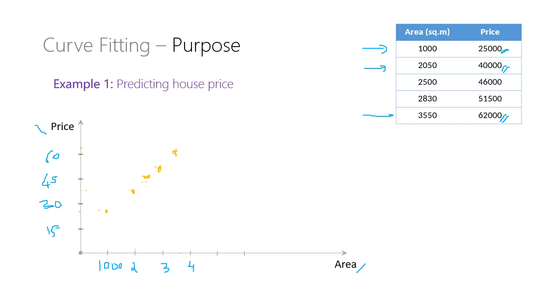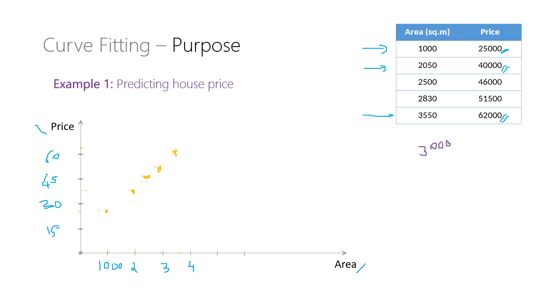And now let's say that the floor area of your friend's house is, maybe 3000 square meters. So your friend's house has a floor area of 3000 square meters, and now they want to find out what should be the price.